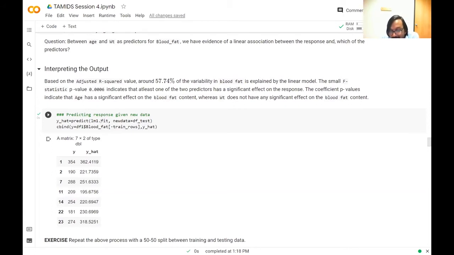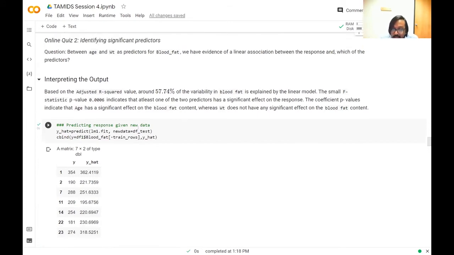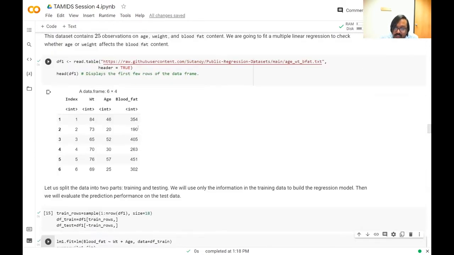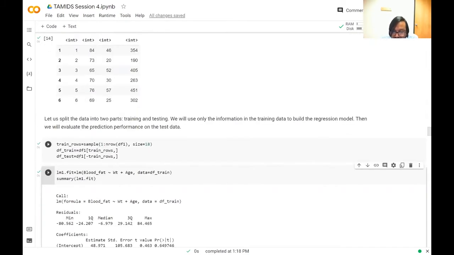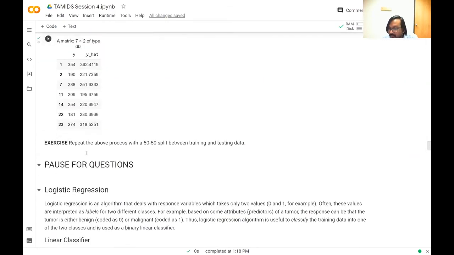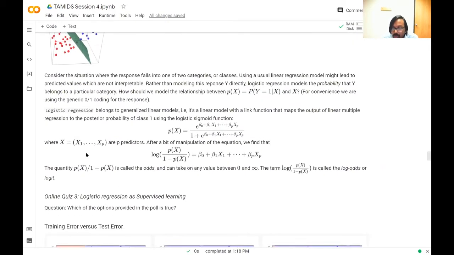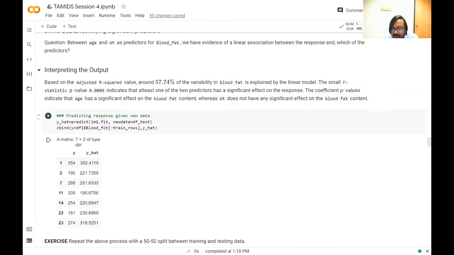So we are going to use lm1.fit as the model to predict, and I'm going to use newdata equal to df_test. Notice that this df_test is already in the form of a data frame because df1 itself was a data frame.